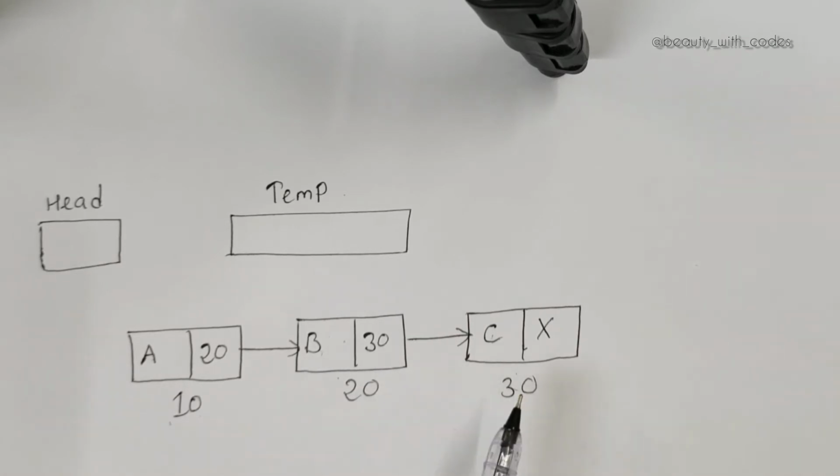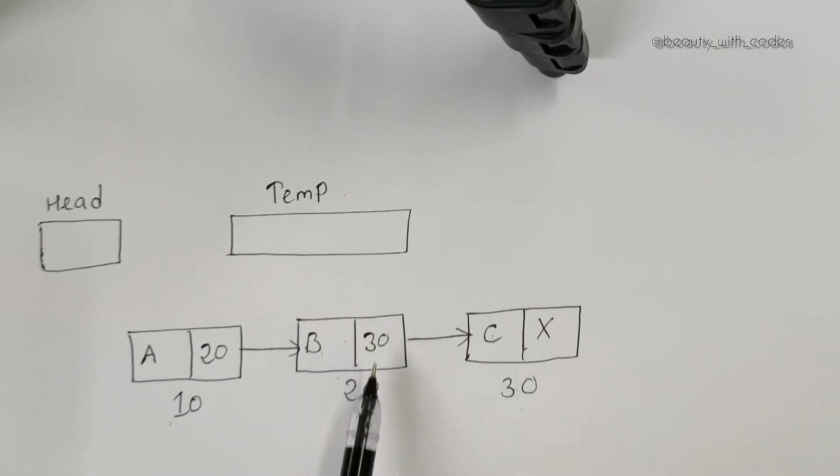Now move to the link part of the first node. The link part of the first node is holding the address of the second node, isn't it? The link part of the second node is holding the address of the third node, and the link part of the third node is holding null, or nothing. Why? Let me explain. In the first node, the link part is the address of the second node, meaning it is pointing to the second node.